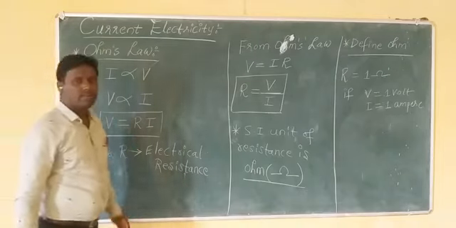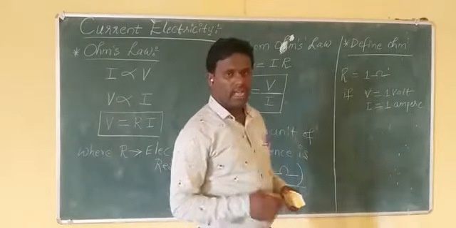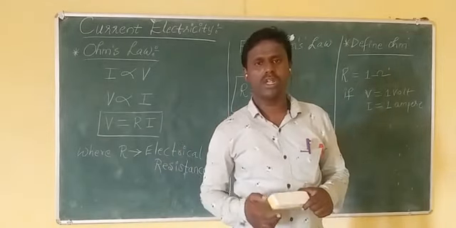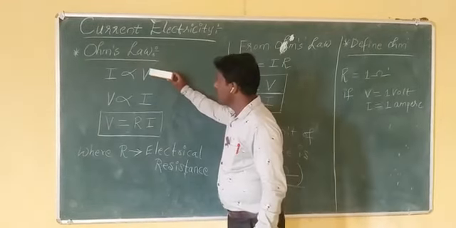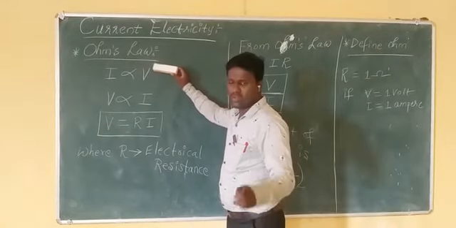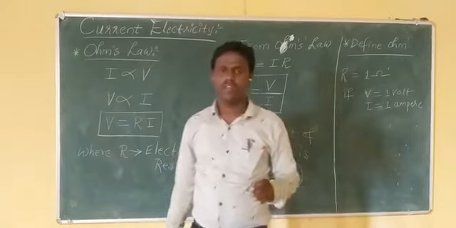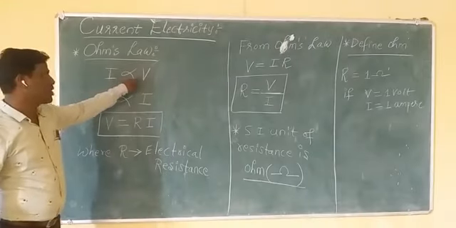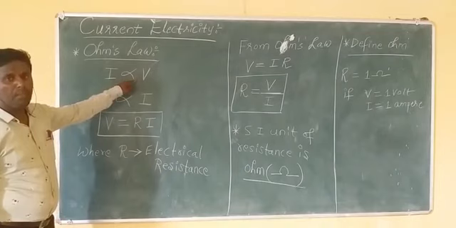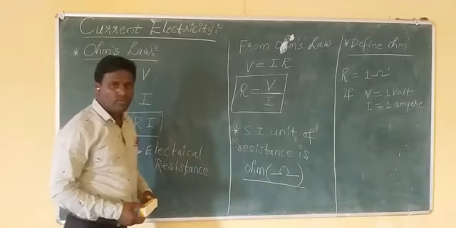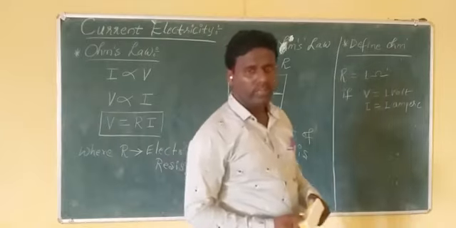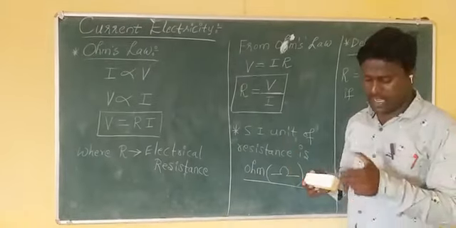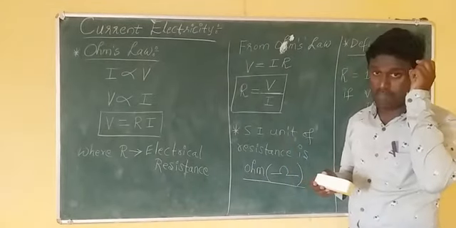Ohm's law states that the electric current flowing through the wire is directly proportional to the potential difference applied across the ends of the conductor, provided that temperature and any other physical conditions are kept constant.